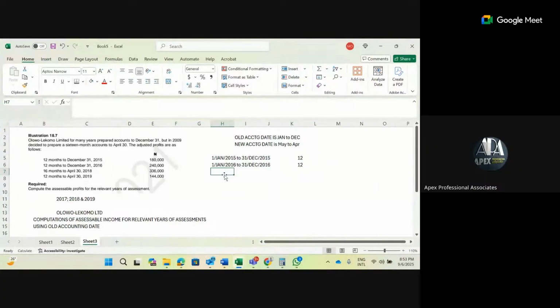It started from 1st of January 2017 to 30th of April 2018. When you count the number of months from 1st of January 2017 to 30th of April 2018, we are having 16 months.